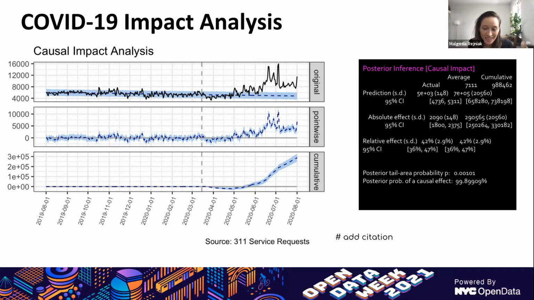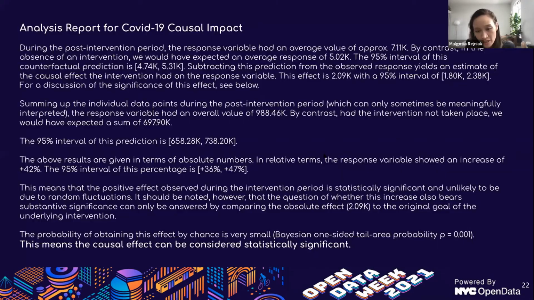I forgot to add the citation for the paper, so I'll make sure to send that out. But I think that is very fascinating, and that is just from the influx of 311 service requests.